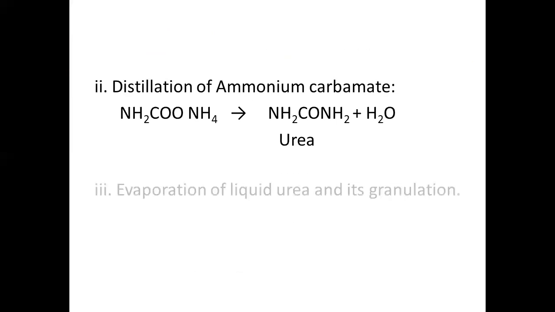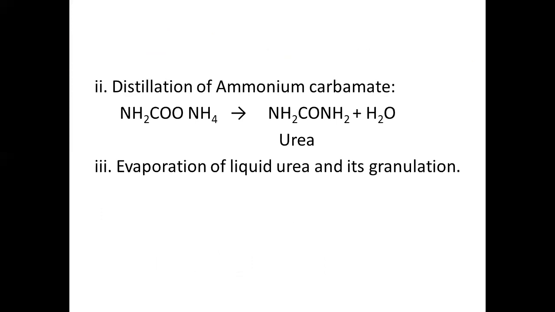Then distillation of ammonium carbamate will take place. After distillation, ammonium carbamate is decomposed into urea and water. In other words, you can say that we get a solution of urea, then evaporation of that liquid urea takes place, and then it's passed to the granulation tower where granules of solid urea are formed.